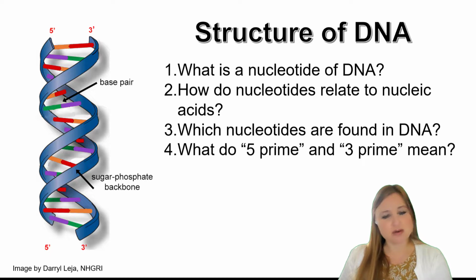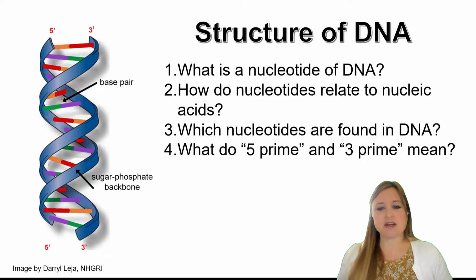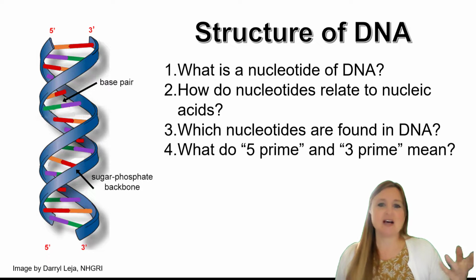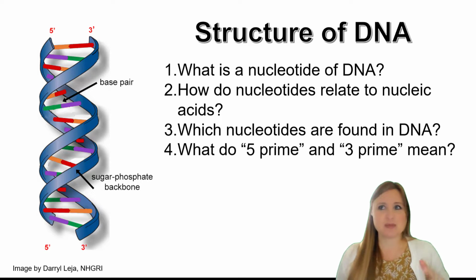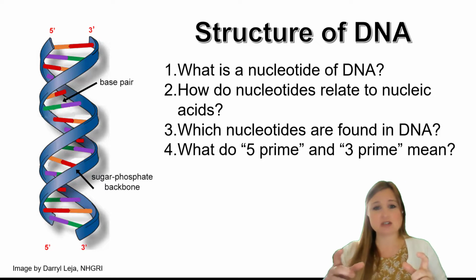And then in the fourth question, what do 5' and 3' mean? Well, officially, we're talking about the different carbons that are in the sugar of the nucleotide, which is deoxyribose. So we number those 1', 2', 3', 4', 5'. So 5' and 3' are referring to the sugars.